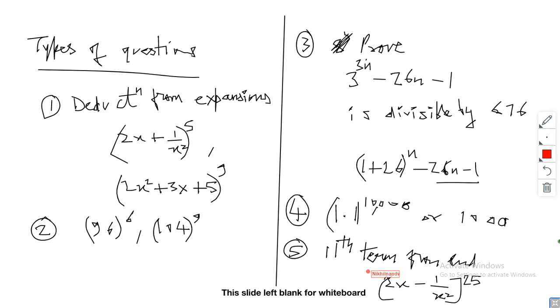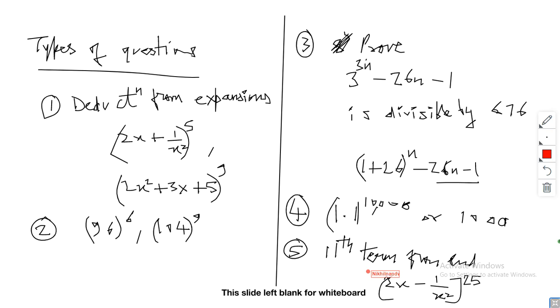Term from the 7th term from the end. Have you copied? Yeah, copied.